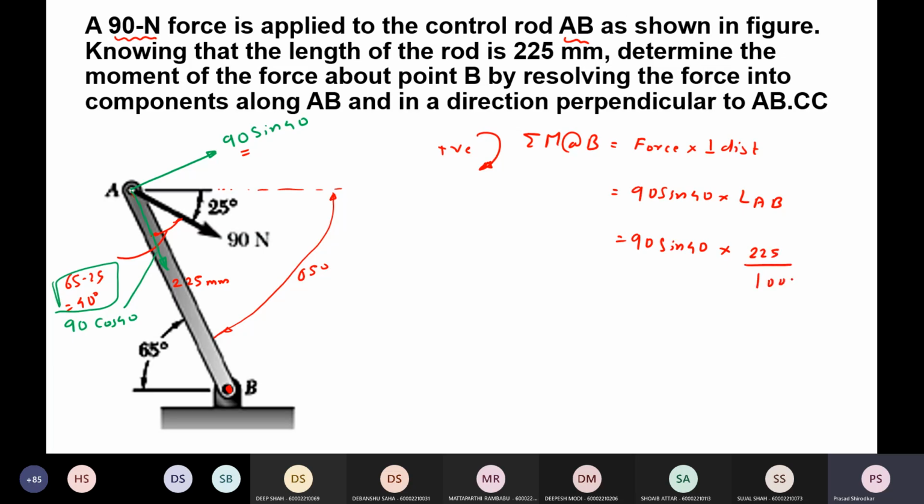You don't have to convert, but if you keep the unit the same, then accordingly you have to write the units in the answer also. Generally practice to two decimal points. Yes, 13.02 Newton meter. That is the moment, and it is clockwise, so it is positive. Right. Any questions?